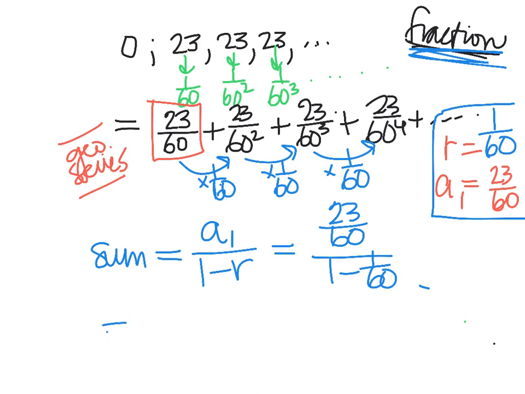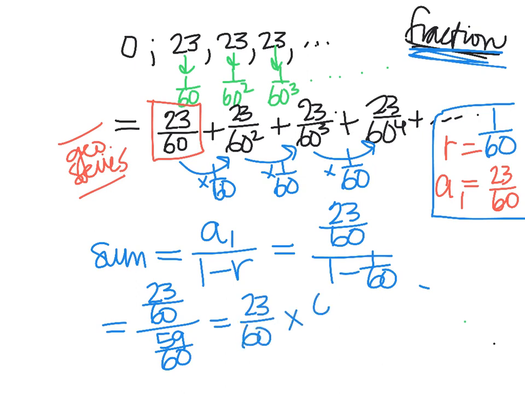So let's see, in reality then, we've got what? 23/60 over, well, 1 if I remove 1/60 would be 59/60. So that's 23/60 times the reciprocal 60/59. And again, nice and handy here that our factors of 60 in the numerator and denominator are going to disappear. So my simplified version of this fraction is going to be 23/59.